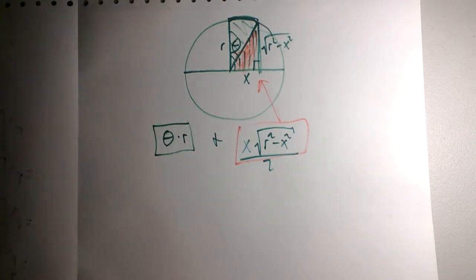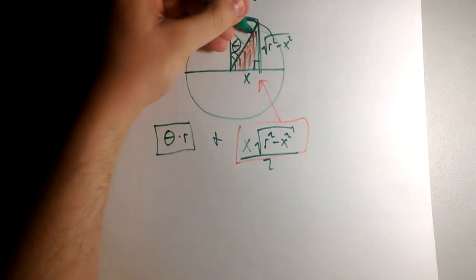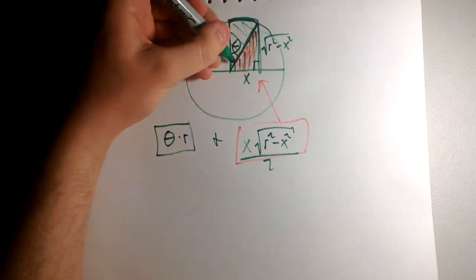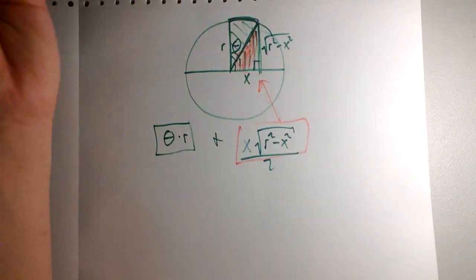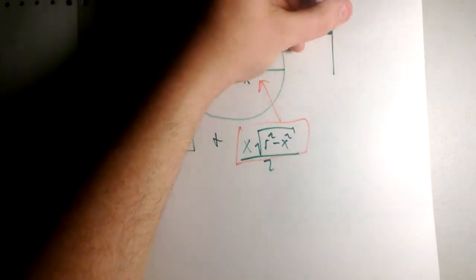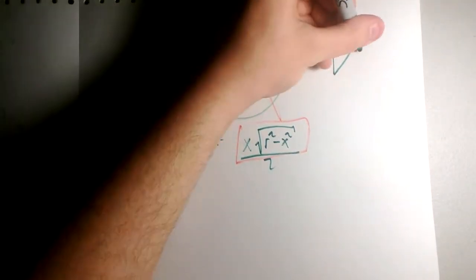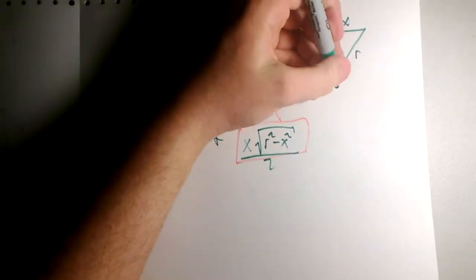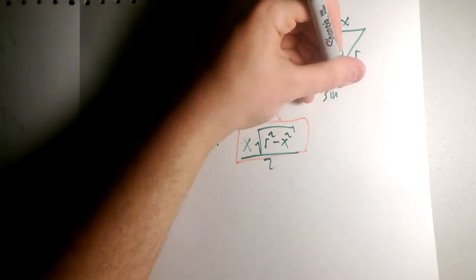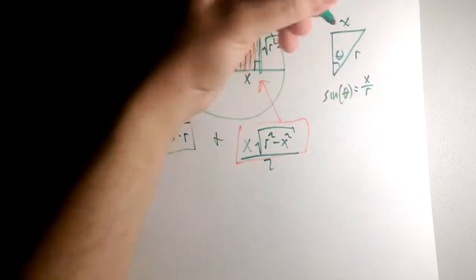Now this guy, the angle, it's a little hard to calculate, but you can kind of see it right here. To find this angle theta, this is not exactly easy. So you have this length up here of x, you have this length here of r, and this angle theta. So let's relate them. Sine of theta is equal to x divided by r.